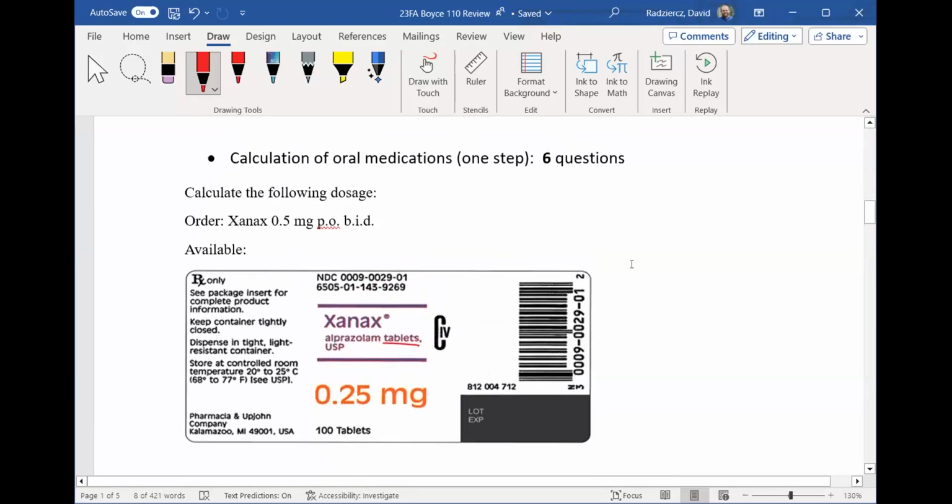All right, these are probably the ones that I think nursing students get right the most, because you have some familiarity with oral medications. It is going to be utilizing just your basic 1-step conversions.